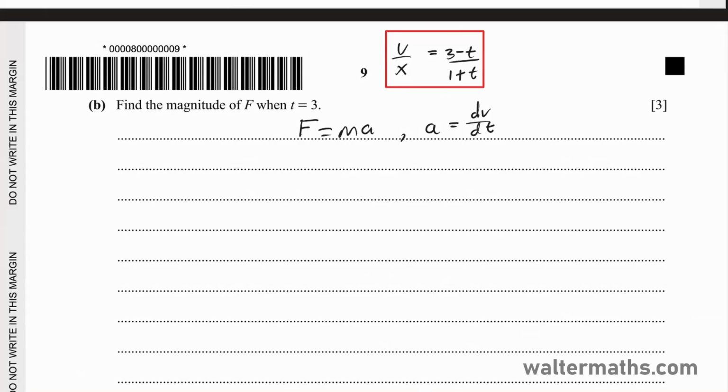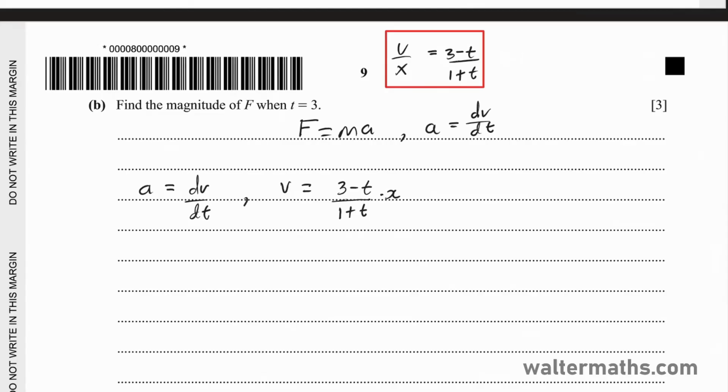So we need to find a first, right? And a, like I said, is dv by dt. And v, looking at the original equation, should be (3 minus t) over (1 plus t) times x if we multiply both sides by x in this equation.